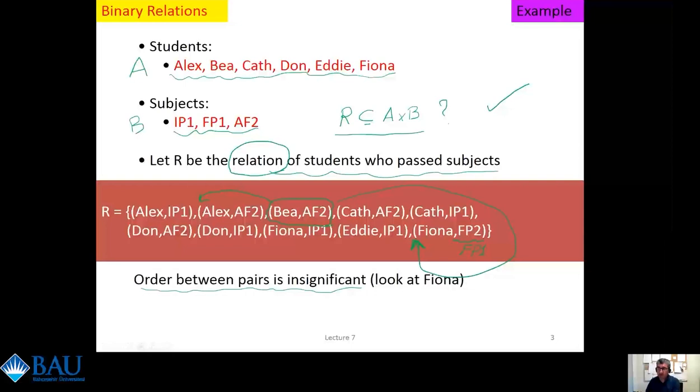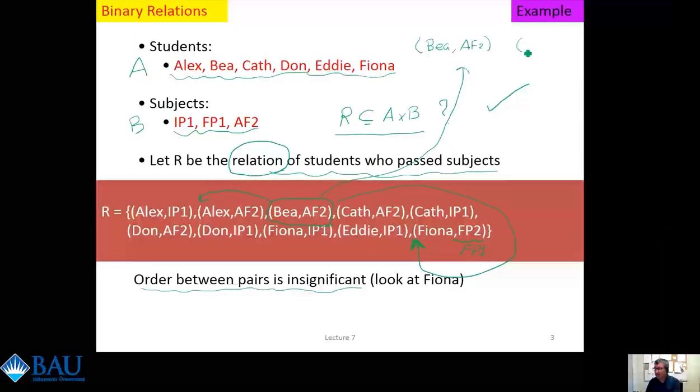But thinking about any element inside, let us talk about B AF2. Look at it. B is a student who takes AF2, passes the course.